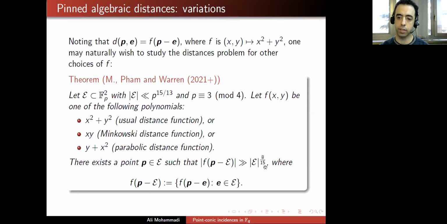But this was improved in a series of papers until this 2021 paper that got 2/3 when f is this normal distance function. But those techniques don't work for these other choices of polynomials.